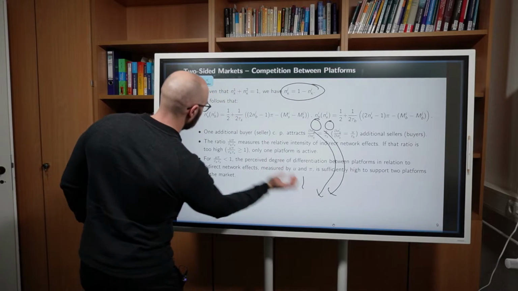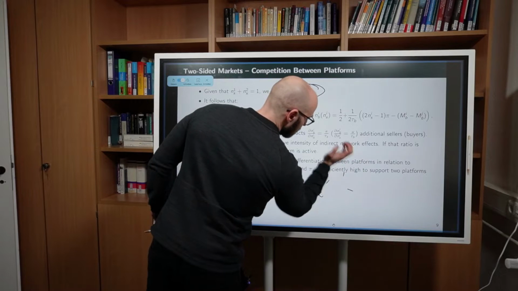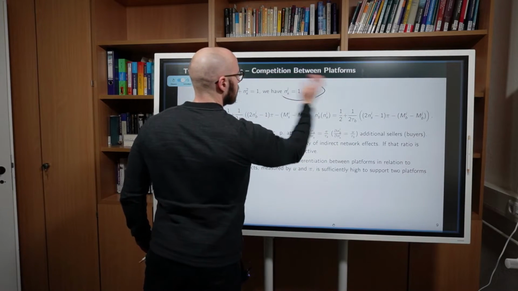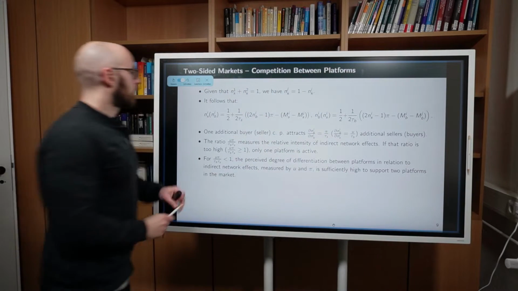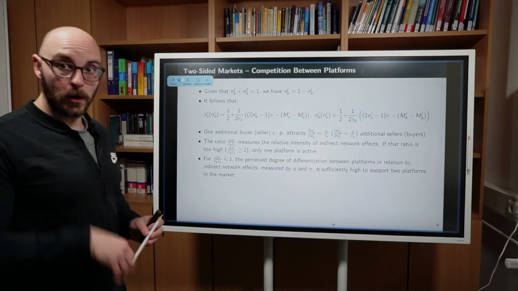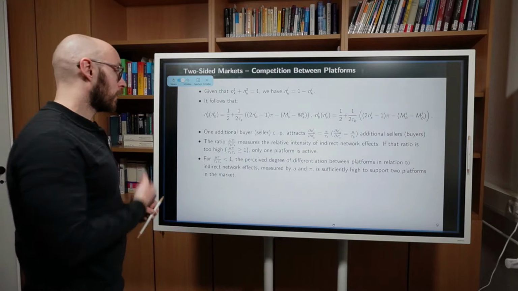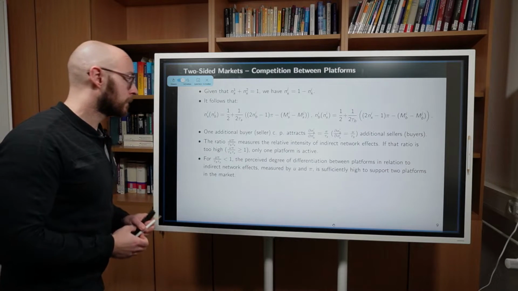Right? And what does this expression tell you? Well, this is basically the number of sellers on platform I as a function of the buyers on the same platform, right?